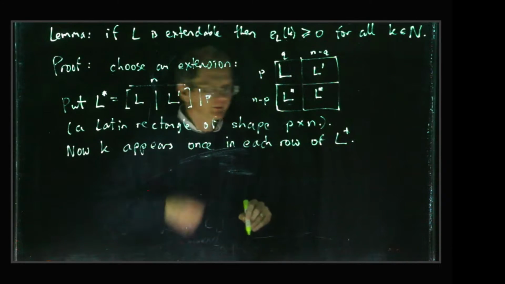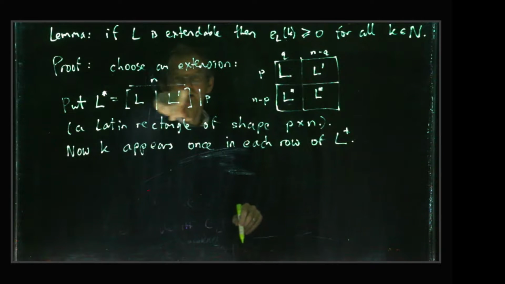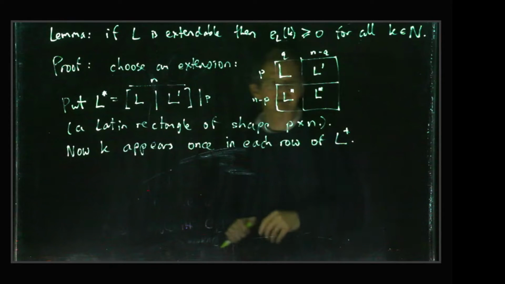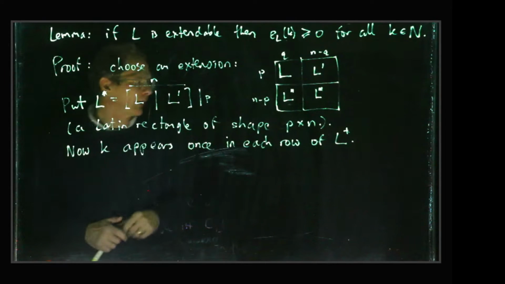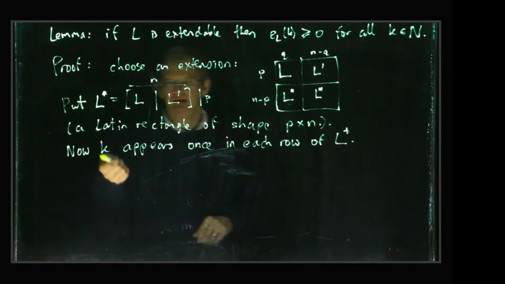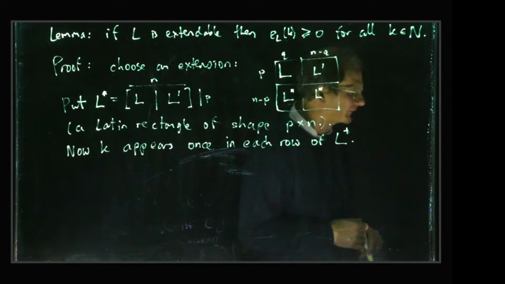That's because the rows of L upper star have length n, so each row has n distinct entries taken from the set capital N of size n. So every element of capital N must appear precisely once in each row. In particular, this K has to appear precisely once in each row.